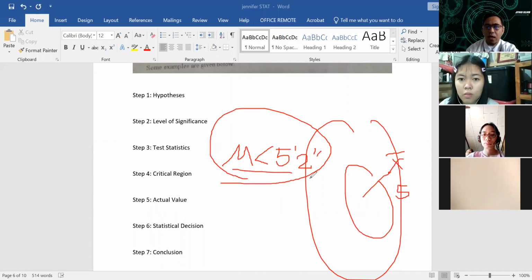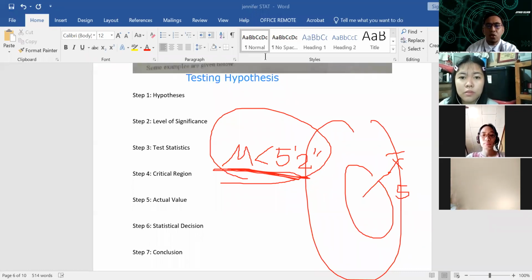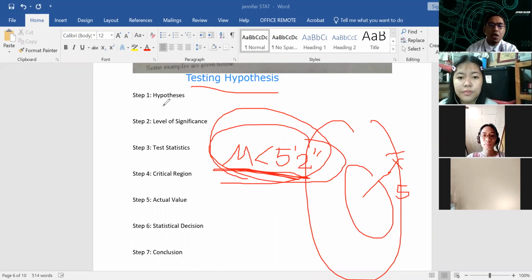In showing that your claim is true, kinahanglan ka mo gamit og statistics. And that topic is called testing hypothesis. You need to test whether your hypothesis is true or not. And to test whether this claim is true or not, you need to follow these 7 steps.